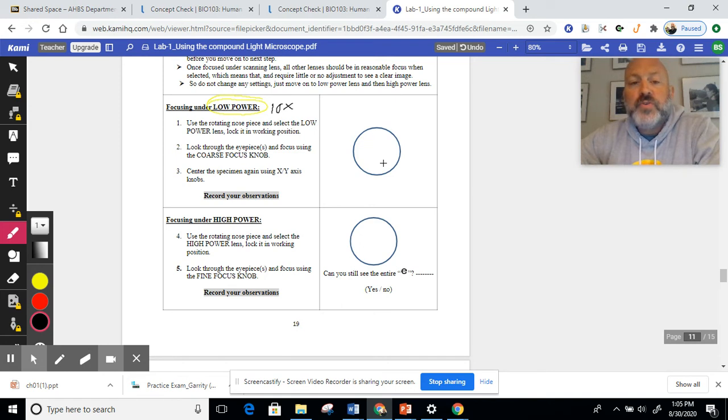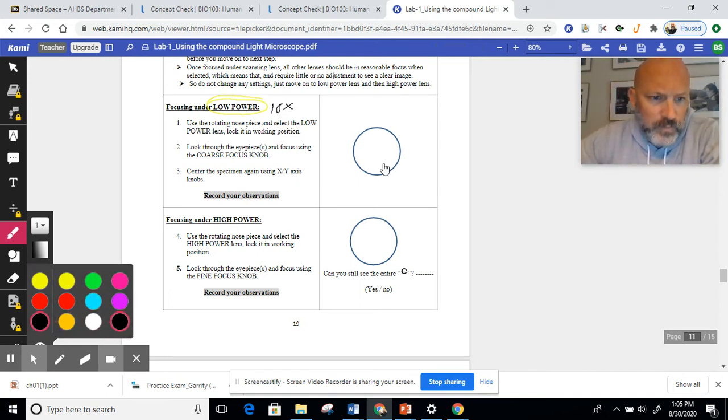When you do that, you would turn the rotating nose piece, it would click in, you would look through the oculars, it would be fuzzy. You would have to turn the coarse focus knob until it becomes clear, and then you would use your X and Y adjustment knobs to center it again.